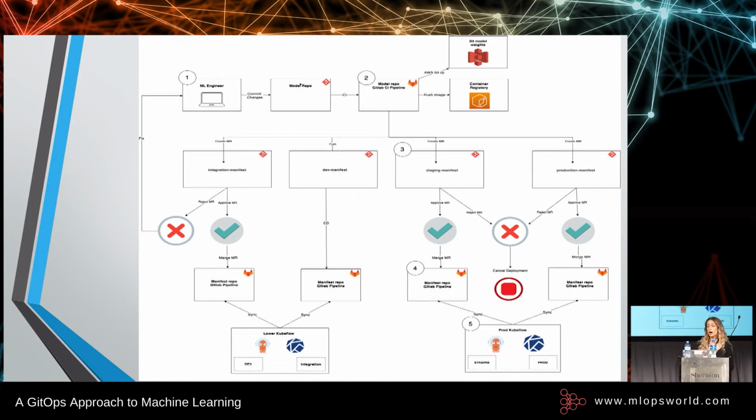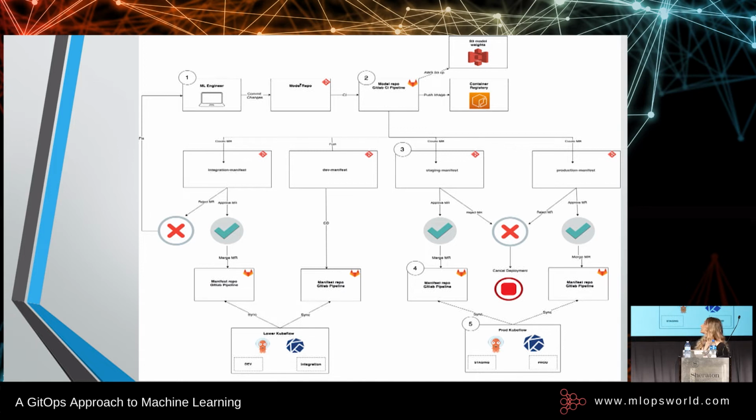Like I mentioned, we automatically push to our dev environment, which means we simply make a commit to our dev environment repo. But for a higher environment like step number 3, like a staging environment, we actually open a merge request, and we wait for the stakeholders to approve that merge request. The stakeholders could be either the QA team or maybe the release manager.